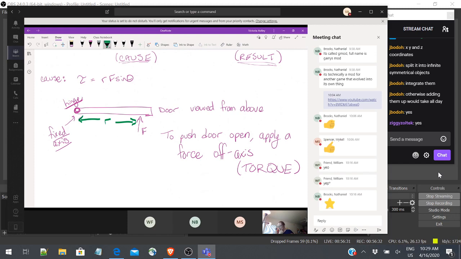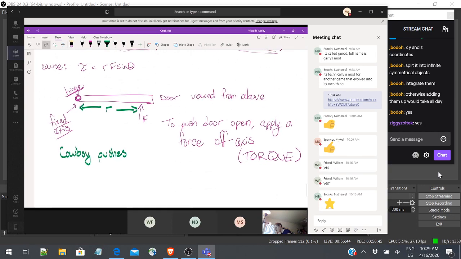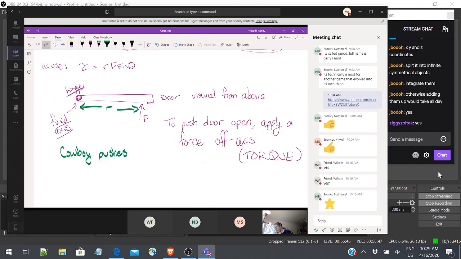Okay. So if our cowboy pushes with 20 newtons of force at 45 centimeters from the hinge. Sorry, it's like freezing. Doesn't want to write.